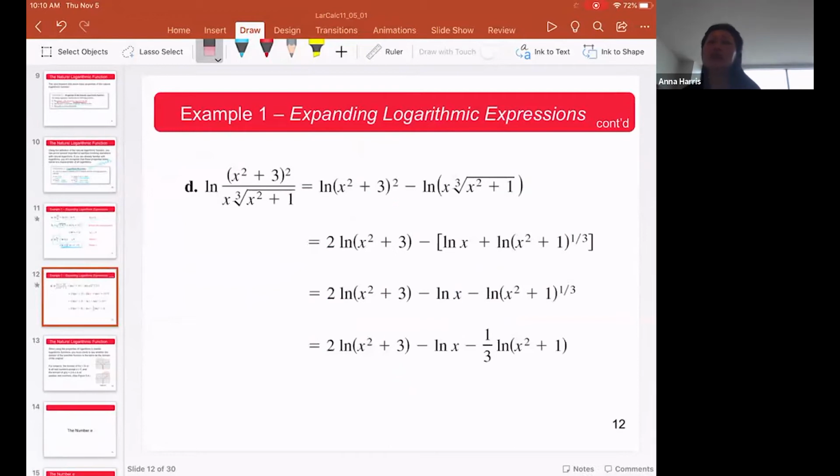Next one. Natural log of, look at the numerator. The numerator has x squared plus 3, squared. And the denominator has x times the cubic root of x squared plus 1. So first thing first, whenever you see a division, make that into two parts by making a minus: numerator part minus denominator.